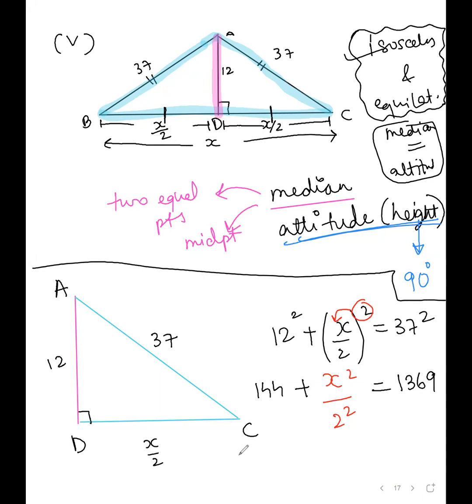Okay. Now, can we send 144 to the other side? Yeah. So it will be minus 144. Very good. So it will be x squared by 2 square, कितना होता है? 4. x squared by 4 is equal to 1369 minus 144.